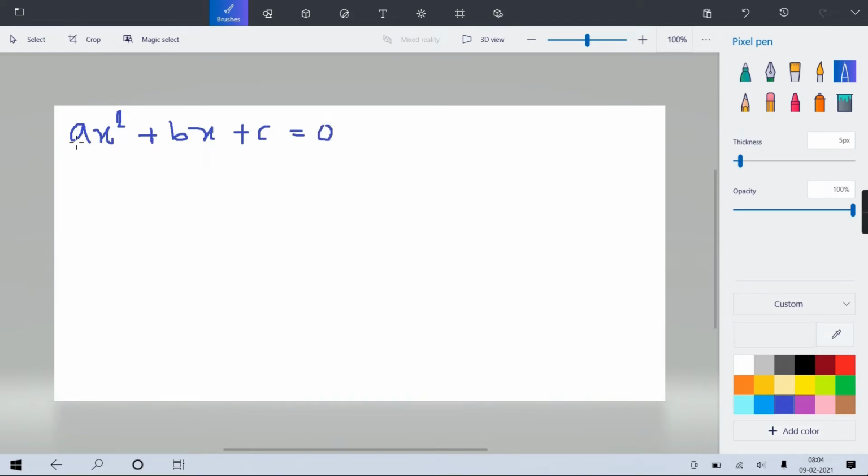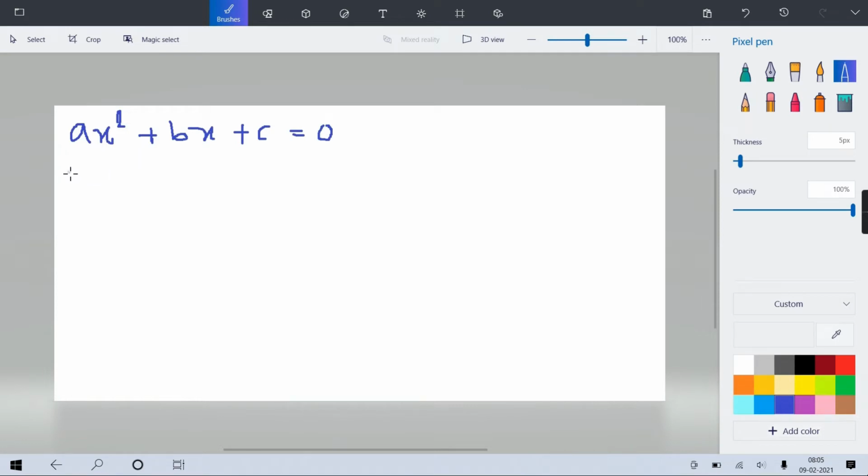And this a, b and c are coefficients which you have to accept from the user. For that a, b, c we have to find the value of x, and the possible values of x are 2, because this is a quadratic equation.